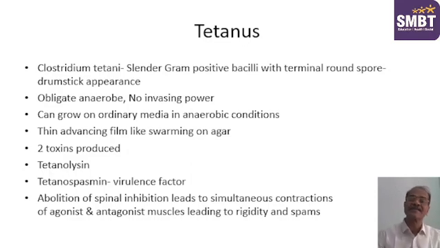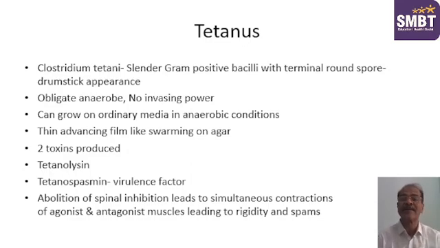Then we have tetanus, caused by another organism, Clostridium tetani. These are slender gram-positive bacilli with terminal round spores, a unique appearance. They are obligate, strict anaerobes, but they do not invade, so they remain localized at the site wherever they get put in the body, and they produce exotoxins, and the effect is because of the exotoxin which spreads in the body.